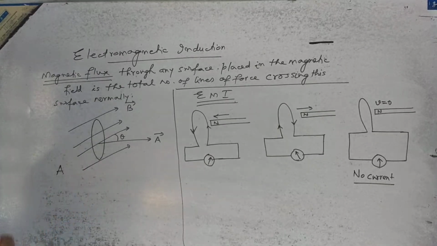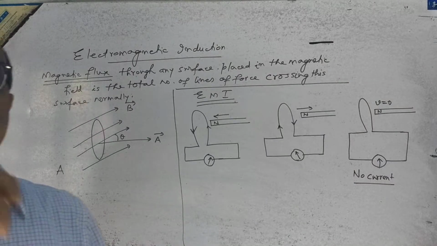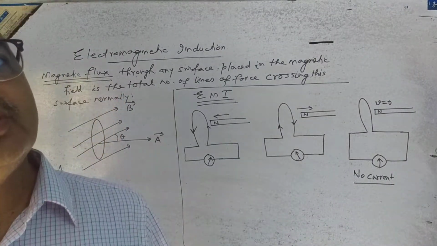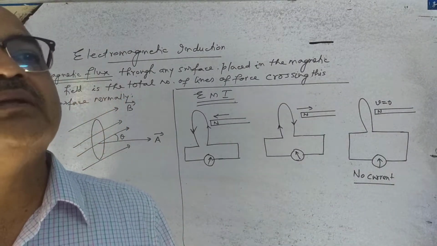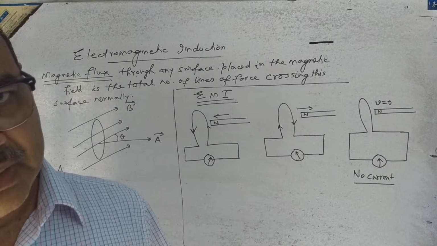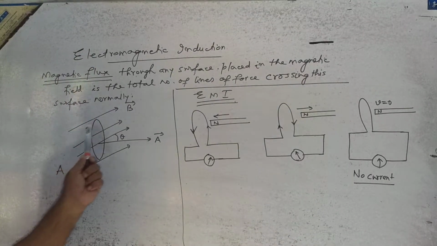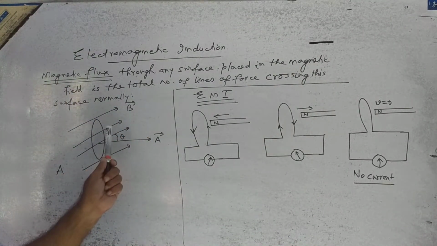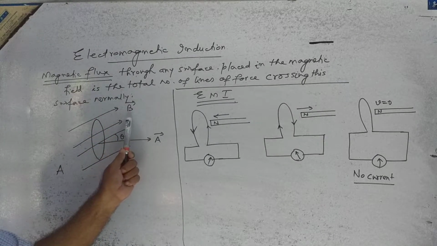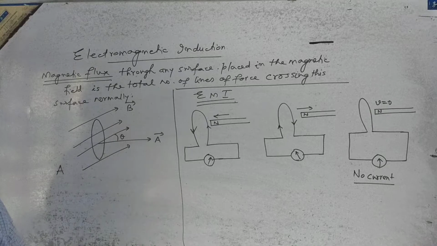Along this, A vector will be acting, and B vector, it is placed in the uniform magnetic field. I told you, uniform field means the direction and magnitude of the field will remain the same in that particular region. So, in this region, B vector is acting in such a way that its direction is forming an angle theta with the direction of A vector.